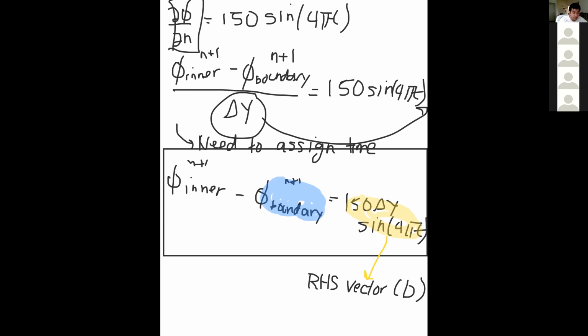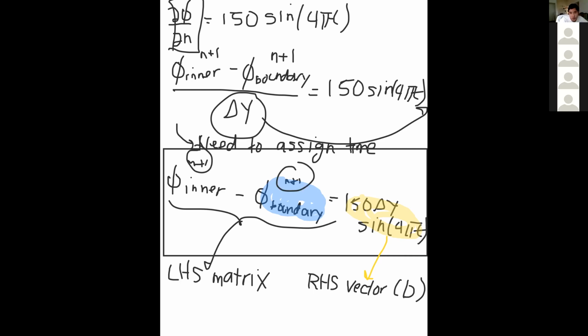And these right here are your coefficients for the left-hand side matrix. So you do it exactly the same as before. The only tricky thing is that you have to add these time indices, and what you choose for those time indices depends on whether you're doing explicit or implicit Euler.